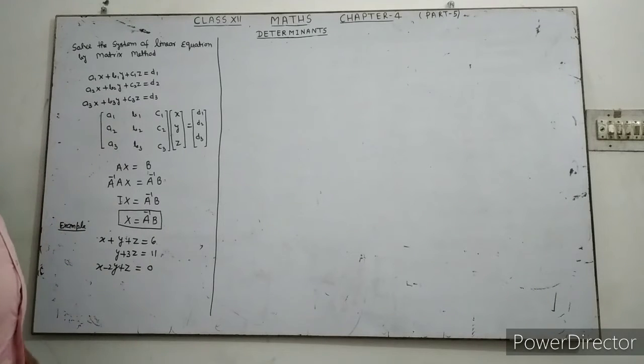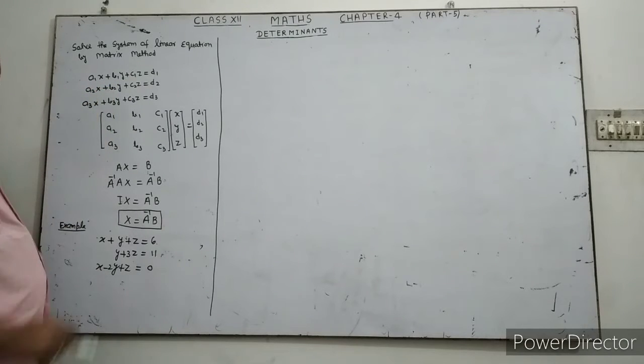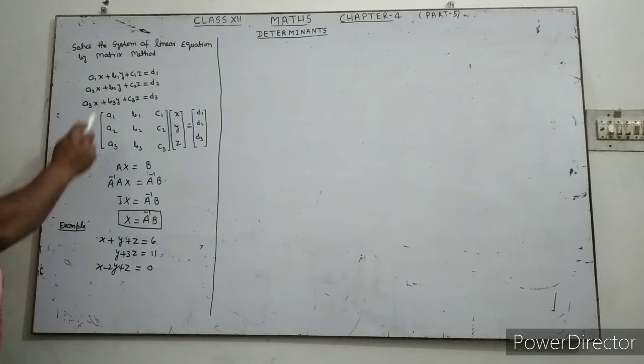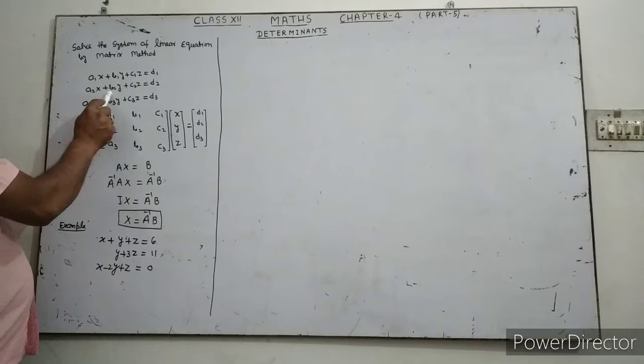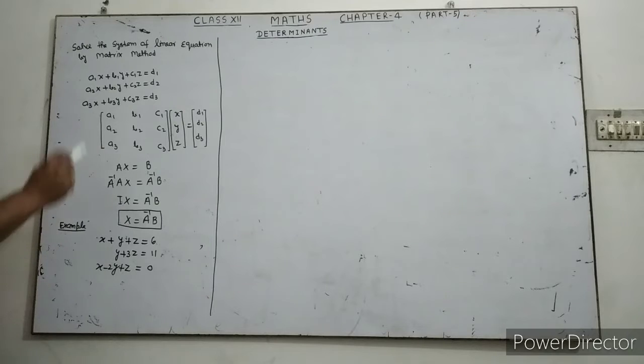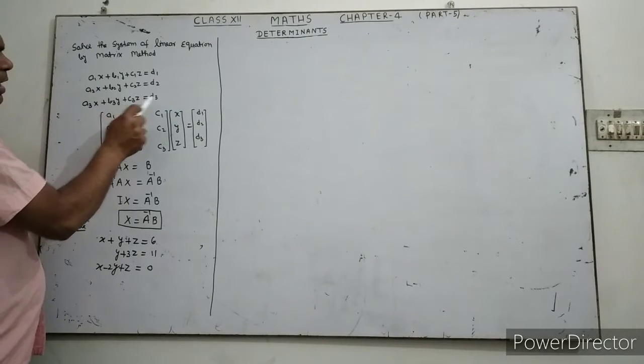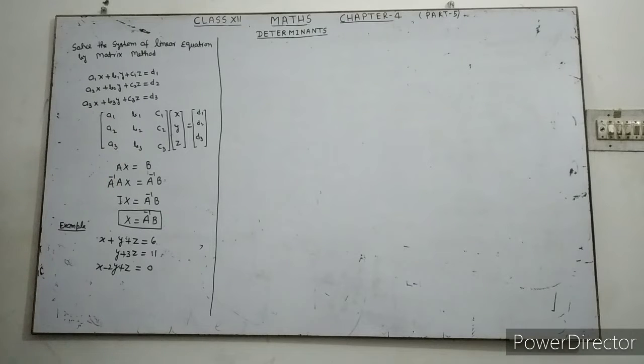Suppose 3 equations: a1x plus b1y plus c1z equal to d1. Second equation, a2x plus b2y plus c2z equal to d2. And a3x plus b3y plus c3z equal to d3.